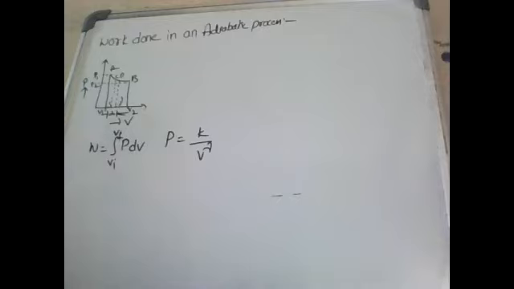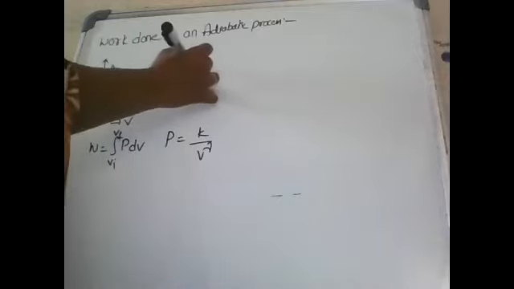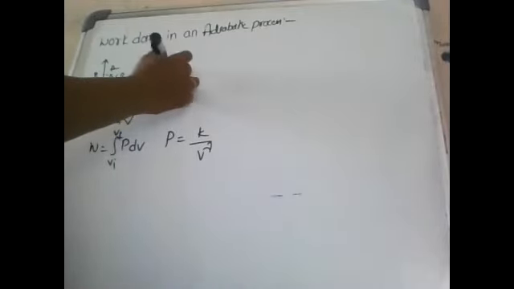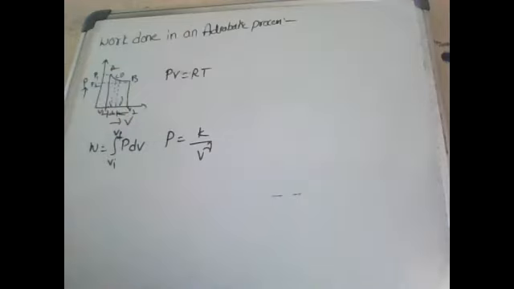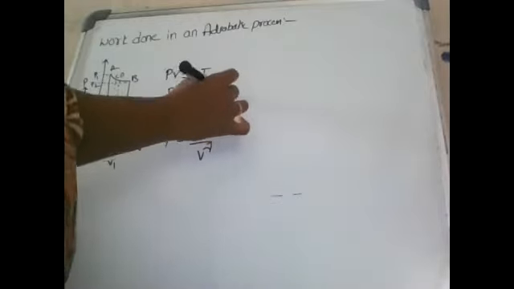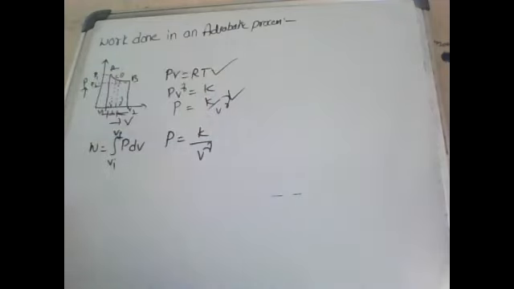In an isothermal process PV equal to RT, but in an adiabatic process PV power gamma equal to K, constant. So then P equal to K by V power gamma. The earlier one is for the isothermal process, this is for the adiabatic process. P equal to K by V power gamma.